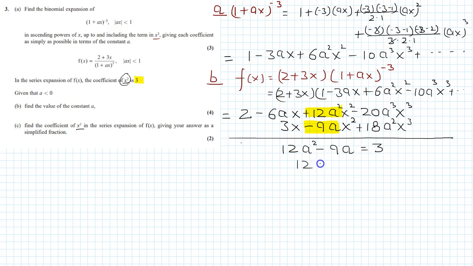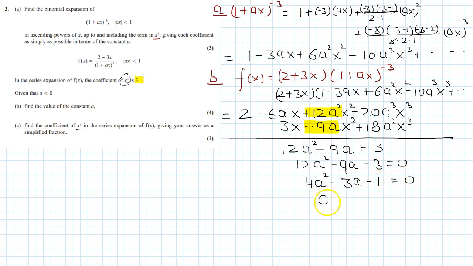So that is 12a square minus 9a minus 3 equal to 0. If you want, you can simplify it further by dividing all by 3. So this is 4a square minus 3a minus 1 equal to 0.